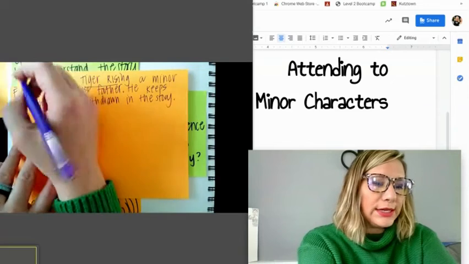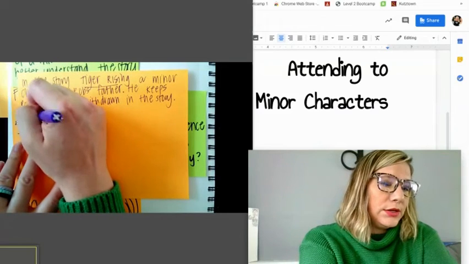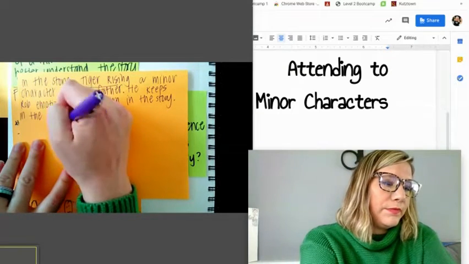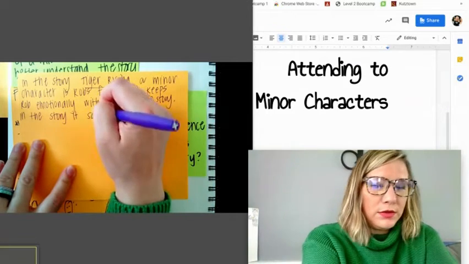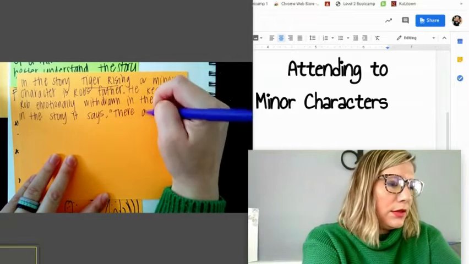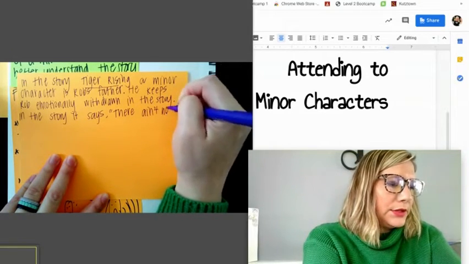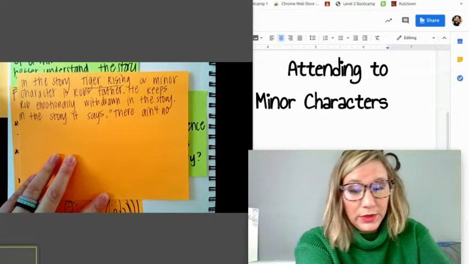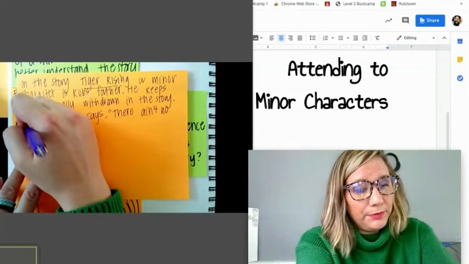In the story it says, and you probably remember this from the very beginning of the book, "There ain't no point in crying."